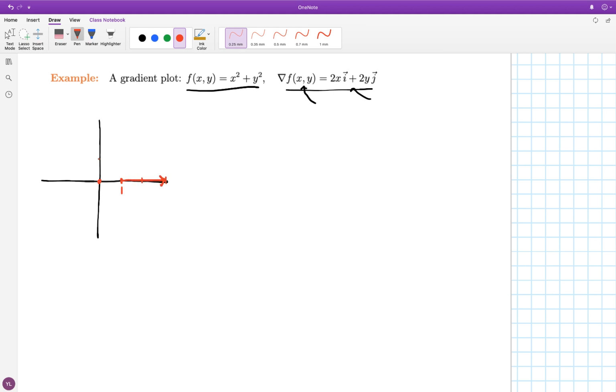At the point (0, 1), I get <0, 2>. At the point (-1, -1), I get the vector <-2, -2>. Okay, so that's some image of the vector field. I definitely want to plot a lot more if I really wanted to get a feel for the vector field.